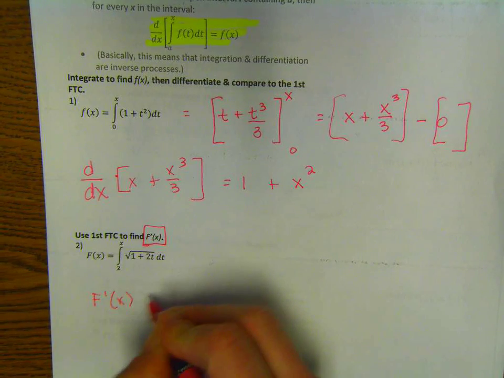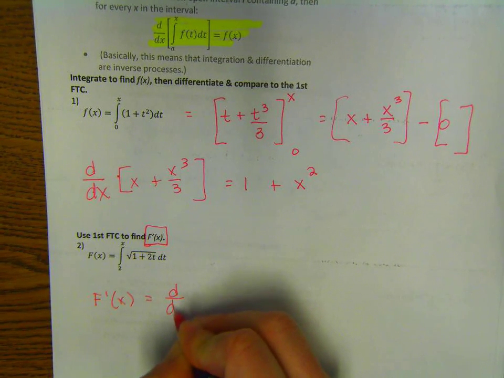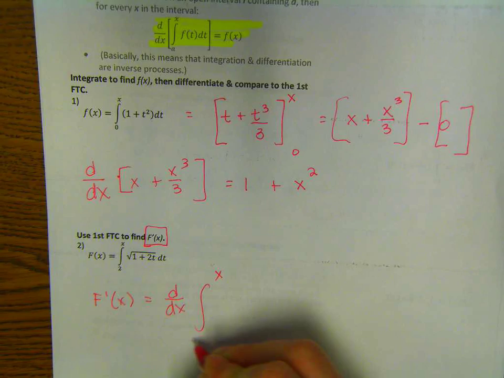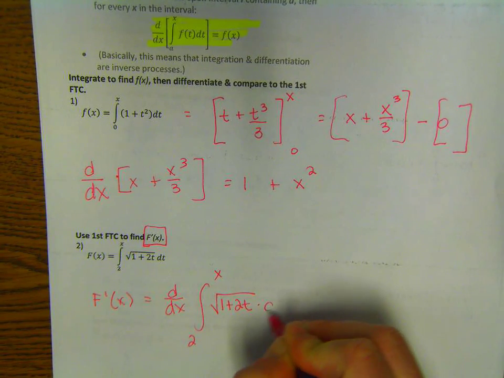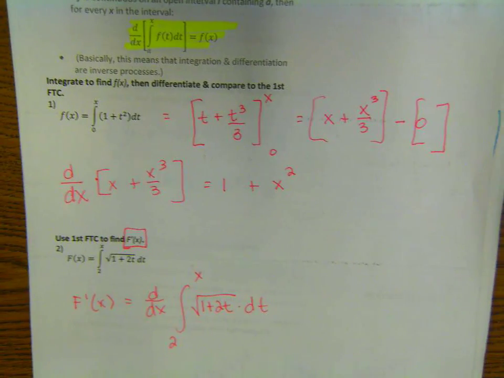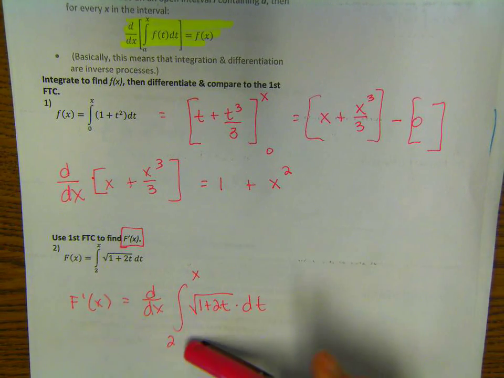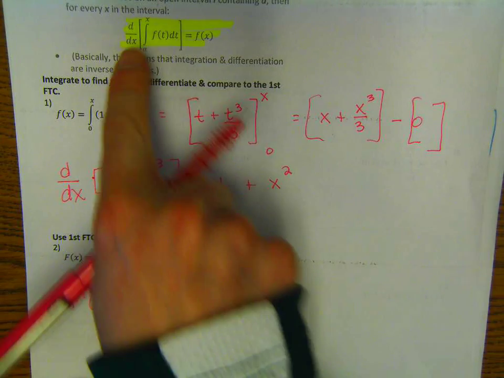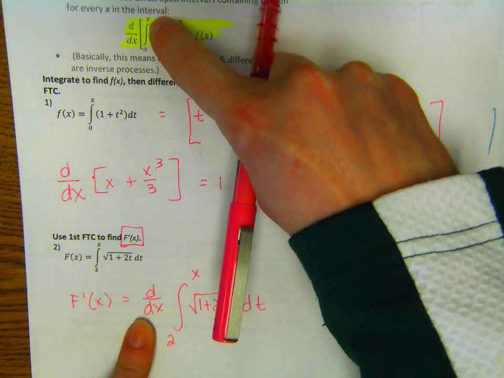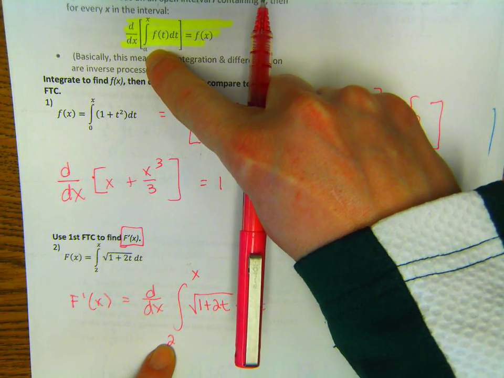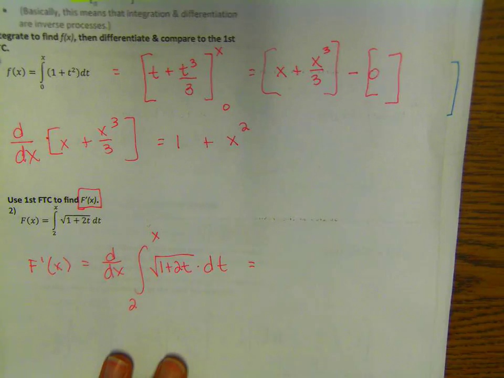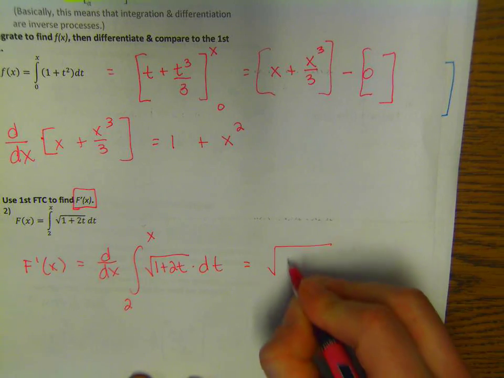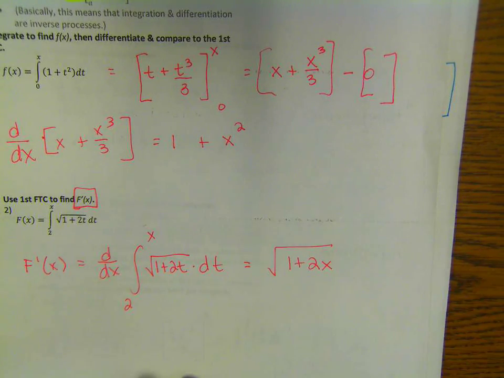F prime of x means I'm taking the derivative of the integral from x to 2 of the square root of 1 plus 2t dt. What the fundamental theorem of calculus says is if I take the derivative of, as long as it's x to a number, I don't have to go through that whole process. What should it just be? Exactly.